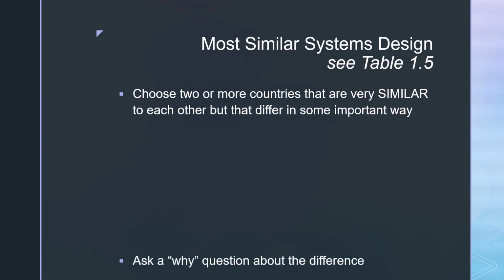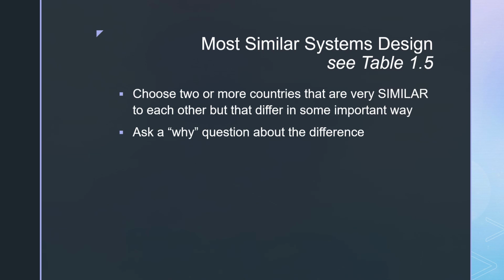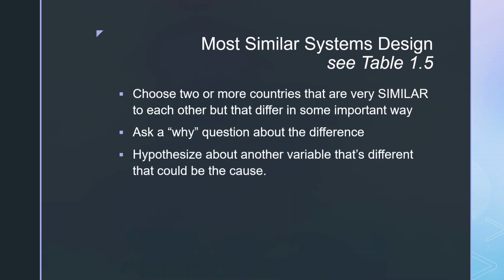So we're going to ask a why question about that difference, and then hypothesize about a variable that's different that could be the cause. In a most similar system, we're going to control for lots of things. We're going to say, well, these countries are almost the same in many aspects, but they're different in some aspects.